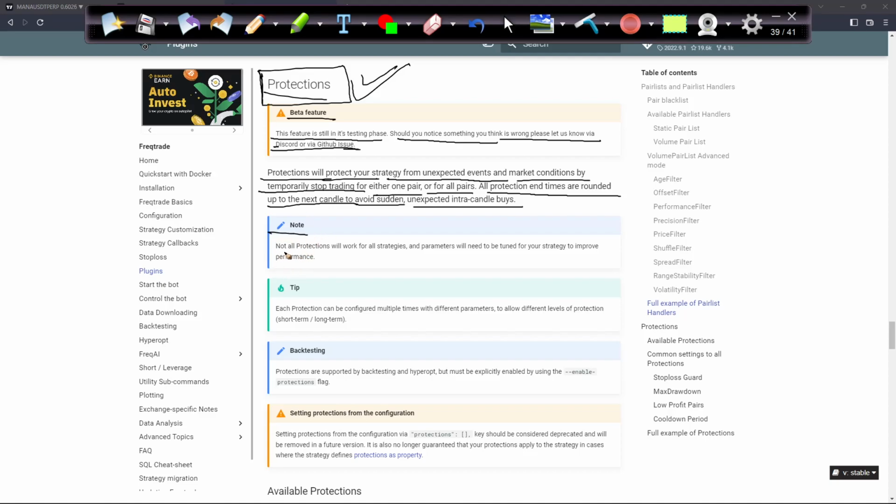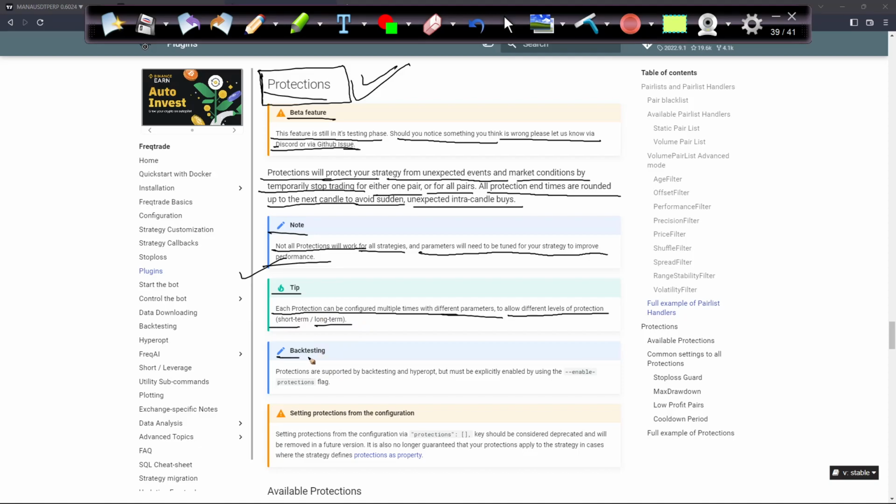Here's the note that says not all protections will work for all strategies and parameters will need to be tuned for your strategy to improve performance. Okay, that's good. The tip is that each protection can be configured multiple times with different parameters to allow different levels of protection, short-term protection and even long-term protection.